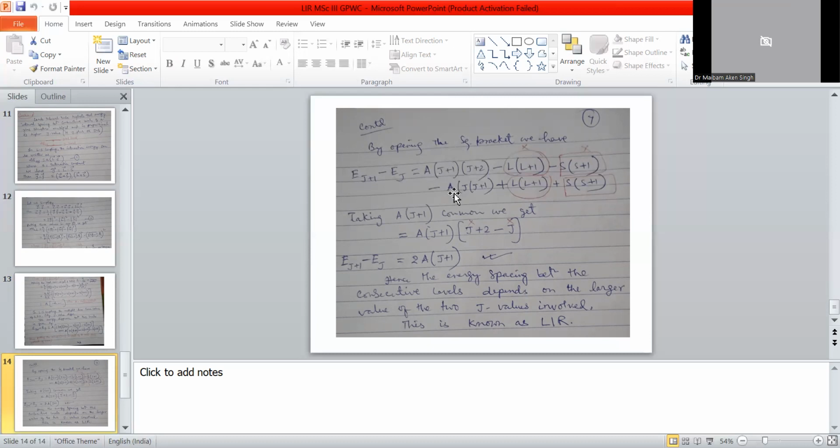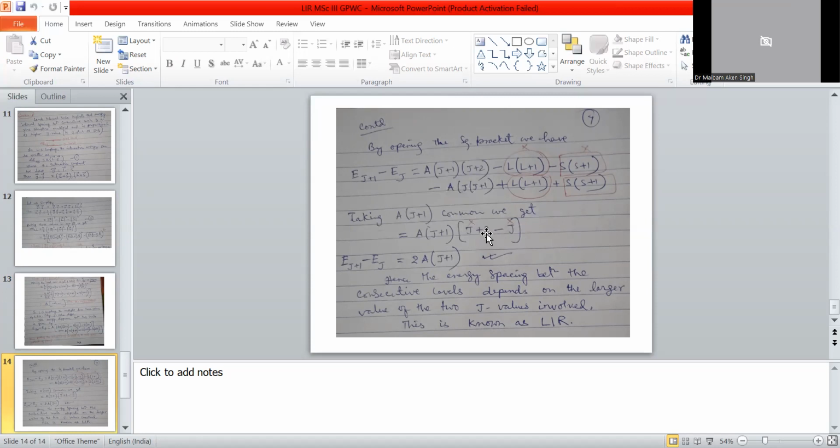Taking A into J plus 1 as common, we have J plus 2 here and only J there, and J and J get cancelled because one is positive and one negative.